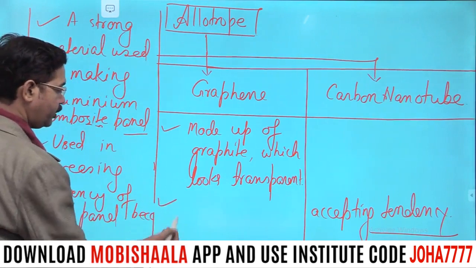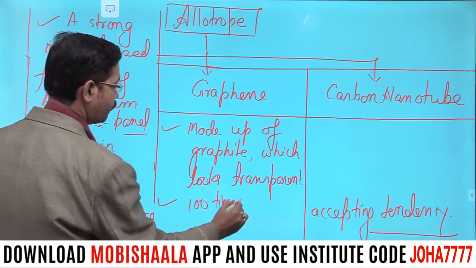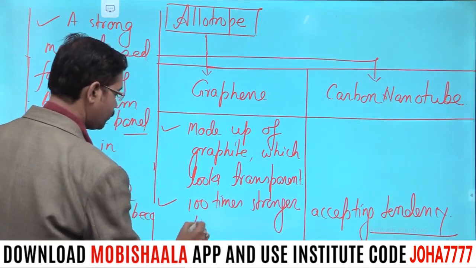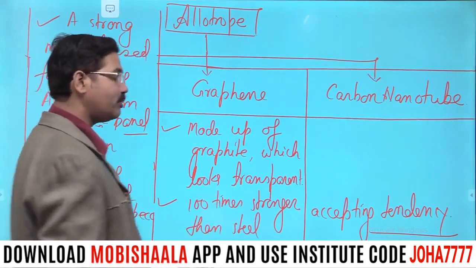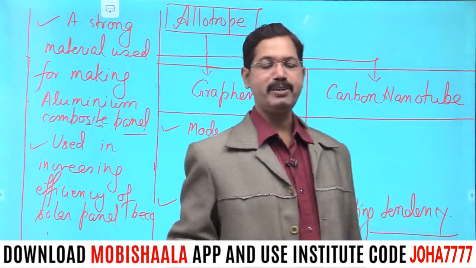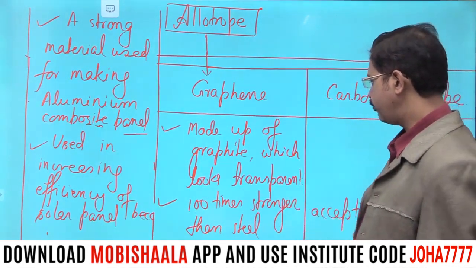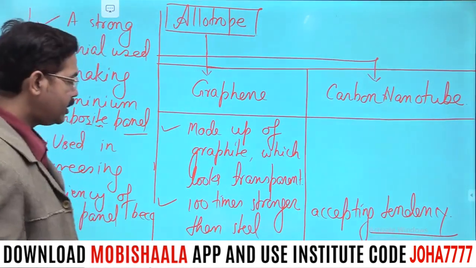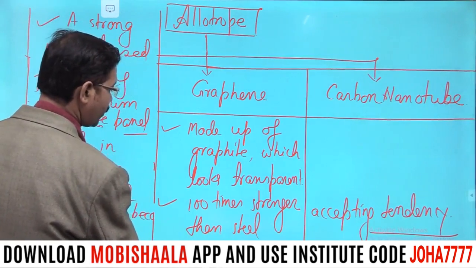And it is 100 times stronger than steel. So carbon could not be so strong, but if it is in graphene form, then it is very strong. And it is a semi-metal with excellent electronic properties.